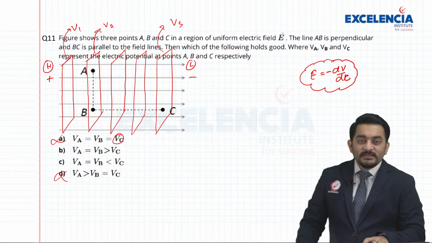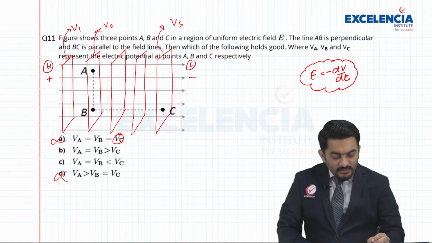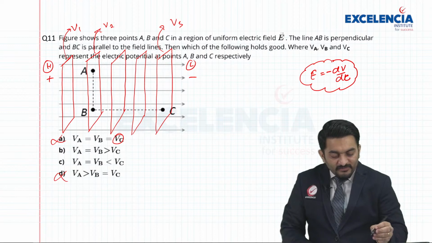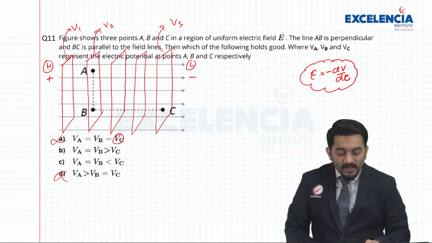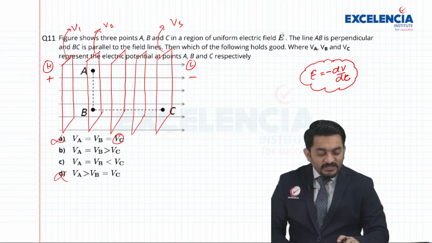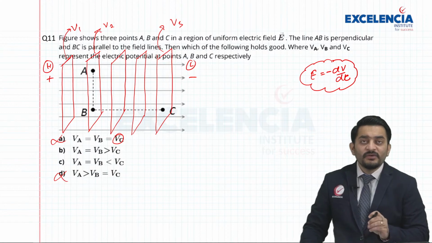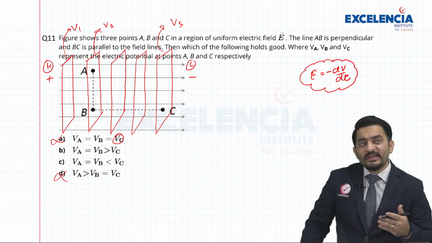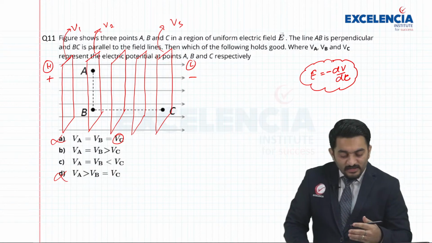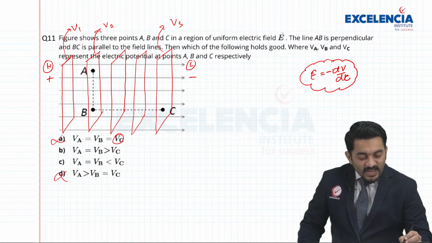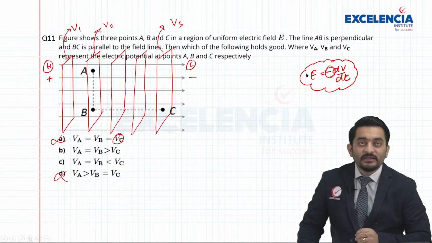My point C, which I can see over here, I have written should be V5. Now what I told you is that potential is something you can relate with electric field. Wherever the electric field line is traveling, the potential is decreasing, which is told by this particular sign.